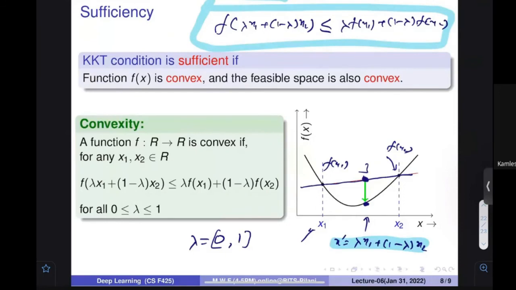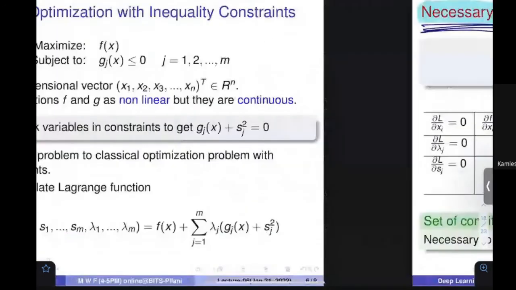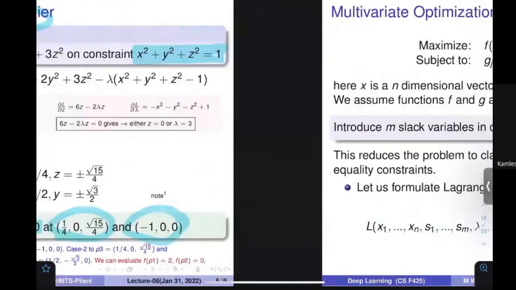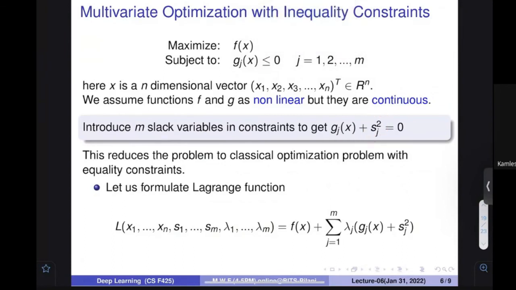Why are we taking the square of the slack variable? There was a question, and I think I missed that. You are asking why I am taking the square of a slack variable. The point is that this slack variable can be positive or negative also.